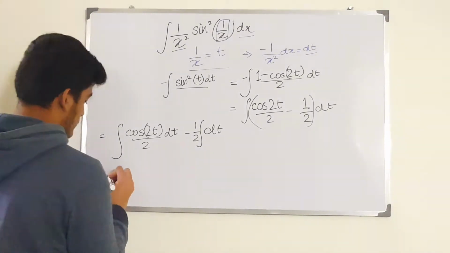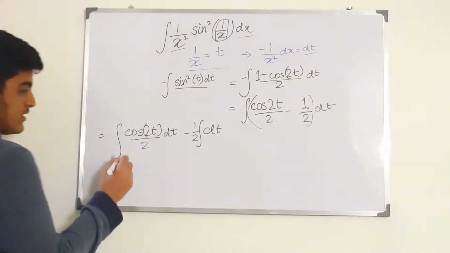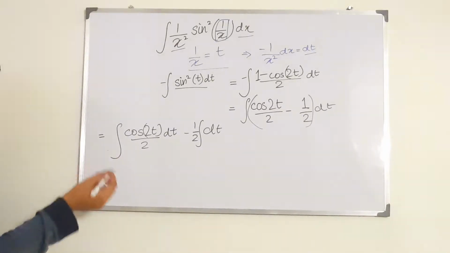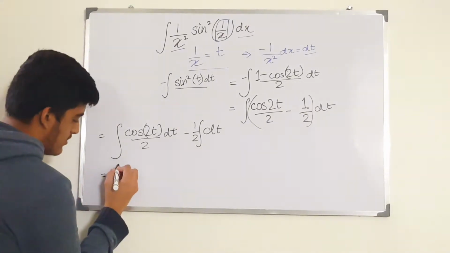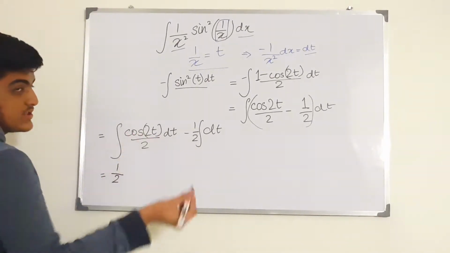So now there's a half here as well, so that comes out. We can just integrate it directly. The integration of cos is sine, as you know.